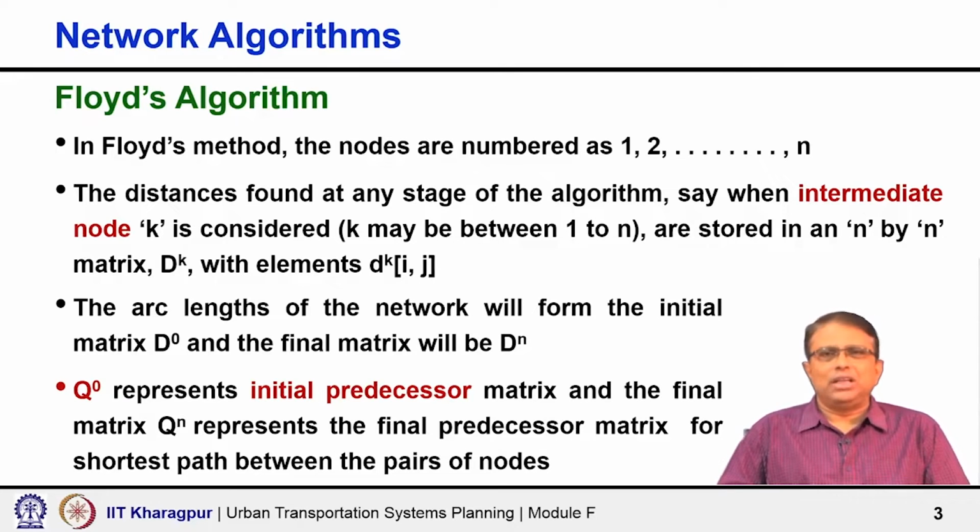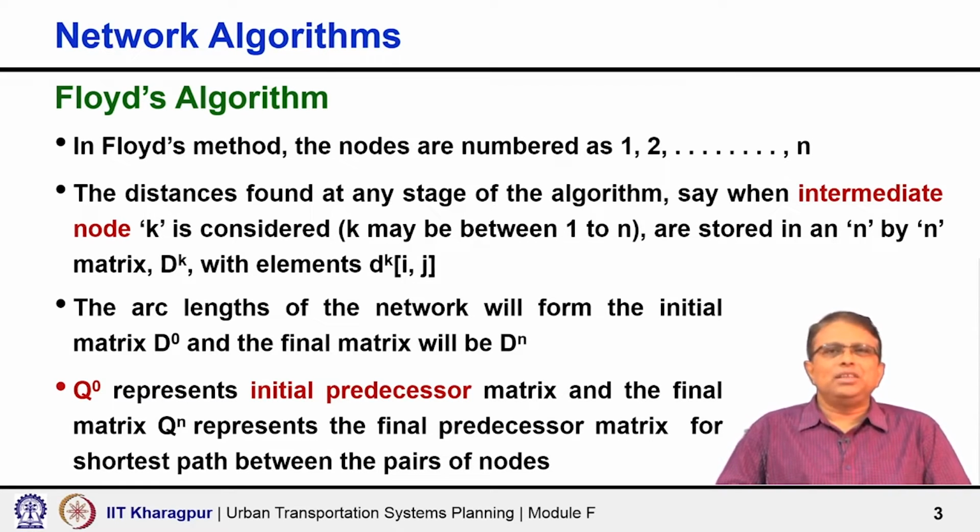The final matrix will of course come out at the end of the nth iteration. So, that will be D^n, and the initial matrix that we assign in the beginning we call D^0, that is the initialization, and then we keep updating these matrix cells as and when they are required.